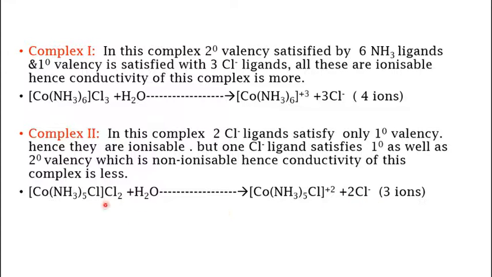So these two chloride ions which are ionized form 2Cl minus. This is a single entity, and there are two chloride ions, so there are totally 1 plus 2, that is 3 ions. So complex 1 has higher conductivity compared to complex 2, because here you have 4 ions and here you have 3 ions.